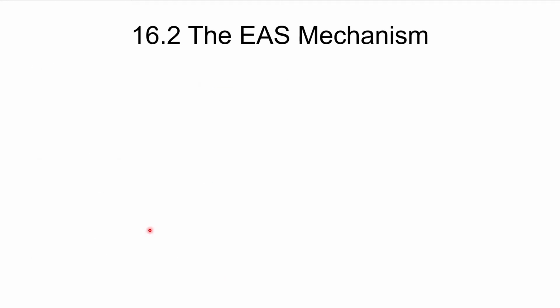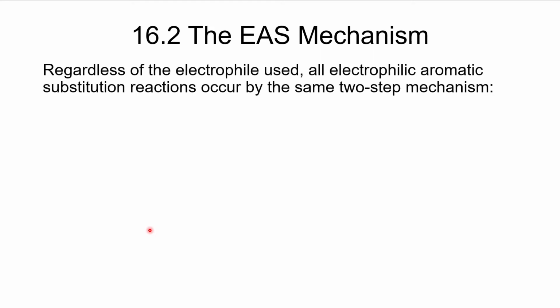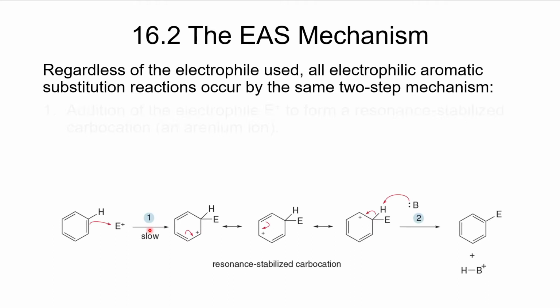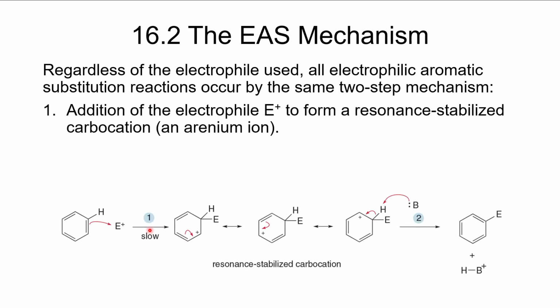So let's look at the generic electrophilic aromatic substitution mechanism. Regardless of which of the 5 reactions I just showed you, halogenation, nitration, sulfonation, Friedel-Crafts alkylation, or Friedel-Crafts acylation, there's going to be a 2-step mechanism. In the first step, we're going to add an electrophile to the benzene ring.